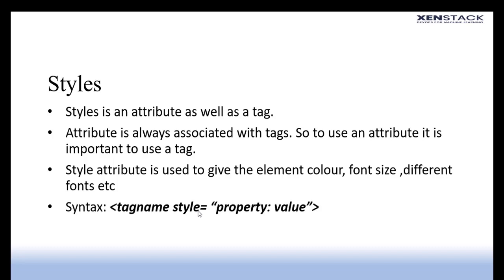The syntax for style is tag name, style equals property colon value. Here, property and value are CSS code. For example, if property is background color, then value will be any color like red, green, blue or white.